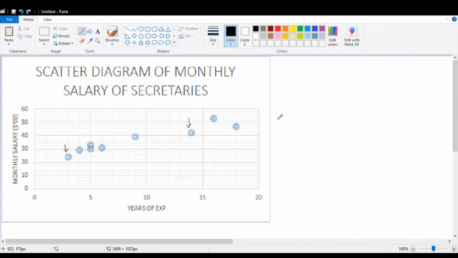So what can you interpret from this? Okay, you can write it as there is strong, dia punya sign positive. There is strong positive relationship ataupun association between, okay, you should mention your variable, between the monthly salary and years of experience.